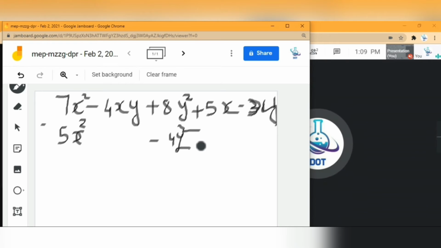Then plus 6y, we can write under the 3y as minus 6y. Then minus 3 after 6y.